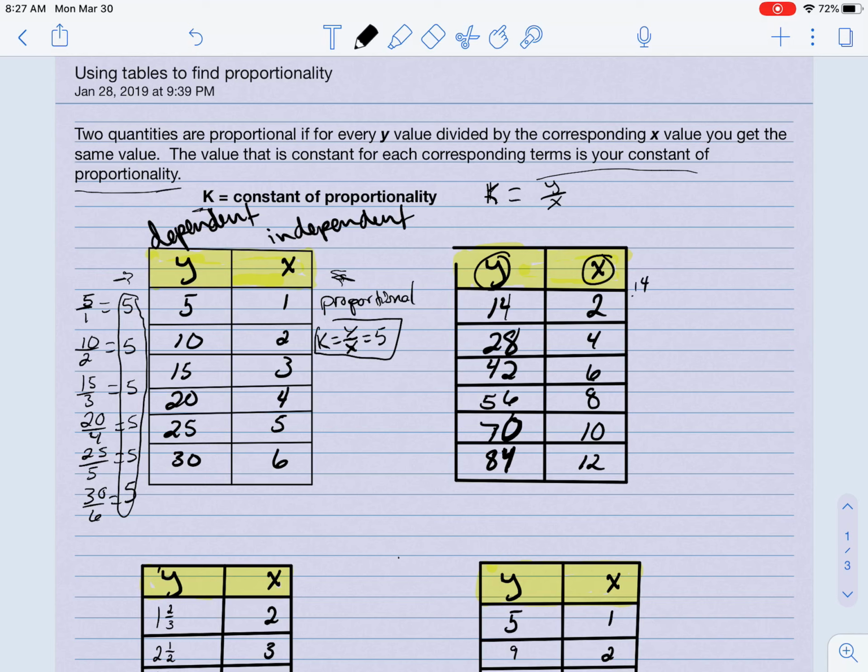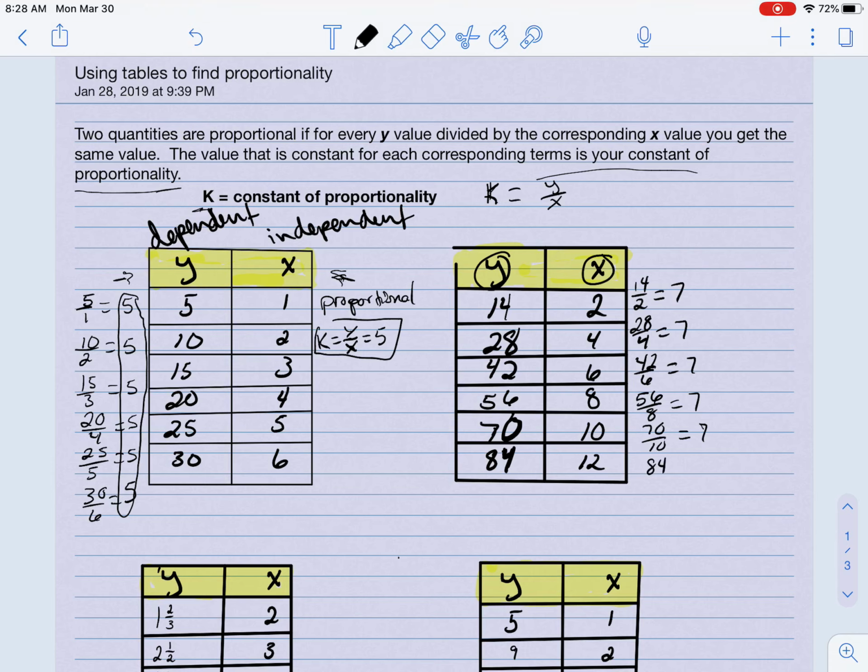We've got 14 divided by 2 equals 7. 28 divided by 4 equals 7. 42 divided by 6 equals 7. 56 divided by 8 equals 7. 70 divided by 10 equals 7.